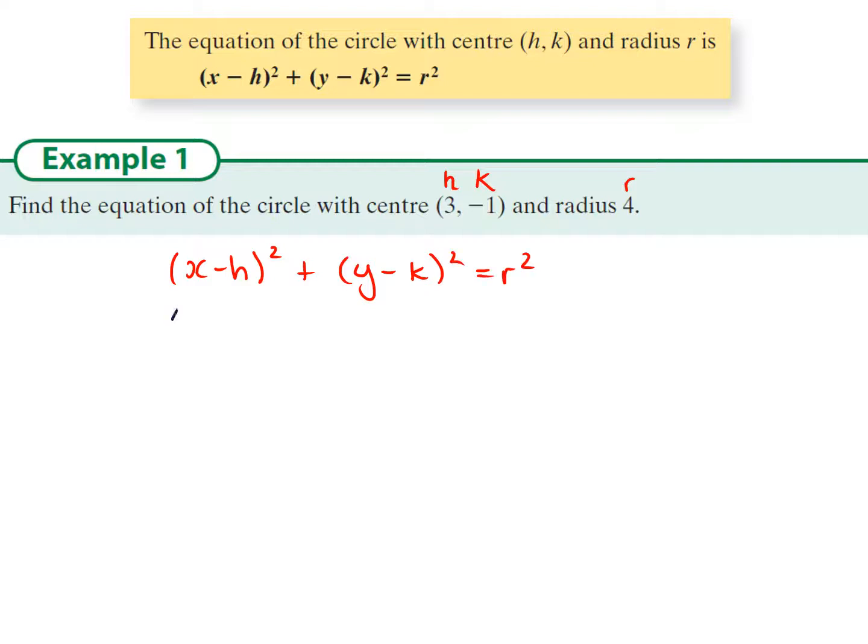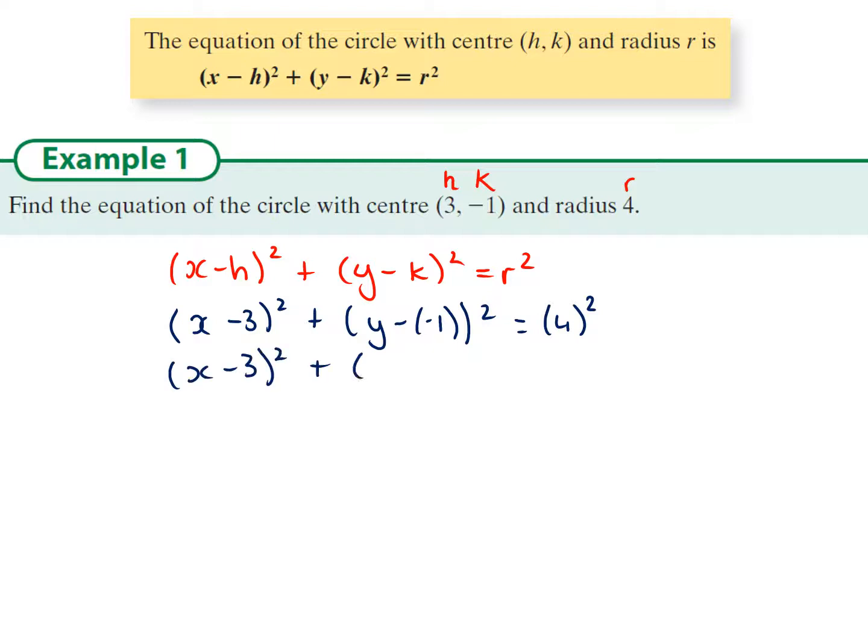So we have x minus 3 squared plus y minus minus 1 squared equals 4 squared. Clean this up: x minus 3 squared plus y plus 1 squared equals 16. Now, this is absolutely fine given the section that we're in.